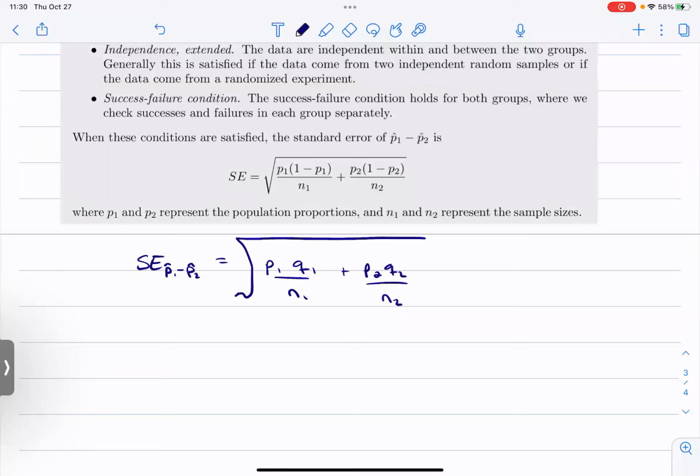Looks similar, right? If you just focus on one group, it looks similar to just the one sample proportion, but now we have two. And we can't subtract the standard errors because we have more spread if we're considering two. That's how I think about it.